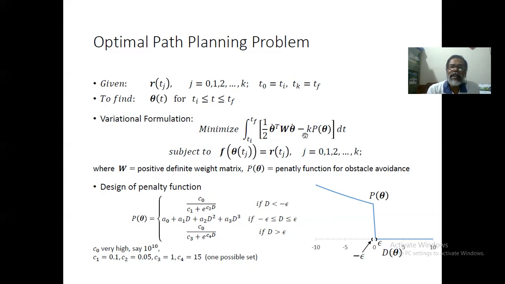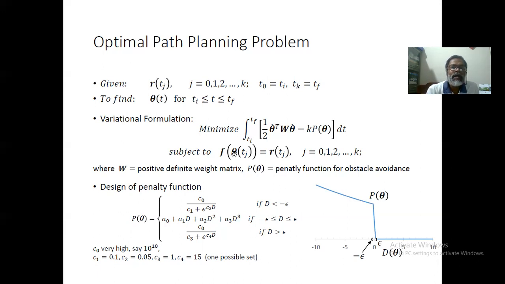And its integral is the action which you try to minimize, very much in line with Hamilton's principle of least action, subject to the inverse kinematics requirements. That is, at these time instants, theta must be something which maps to the required R values at those time instants.